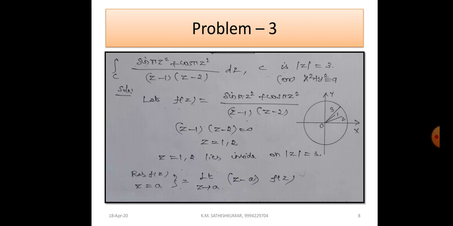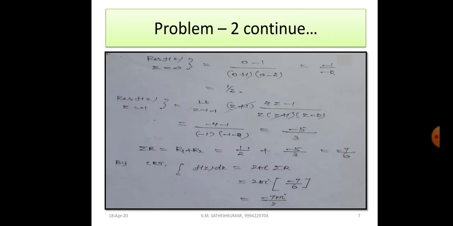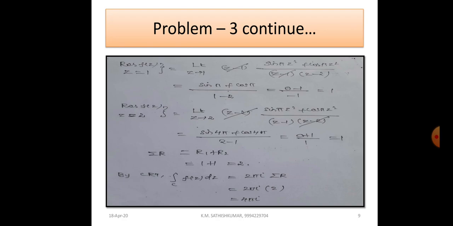So to use the corresponding residue formula: residue of f of z at z equal to a is equal to limit z tends to a of (z minus a) f of z, because it is a pole of order 1. Now the first point, limit z tends to 1. So proper substitution, proper cancellation.